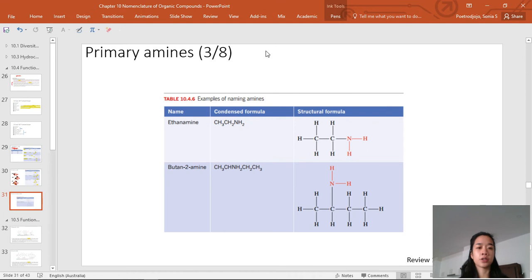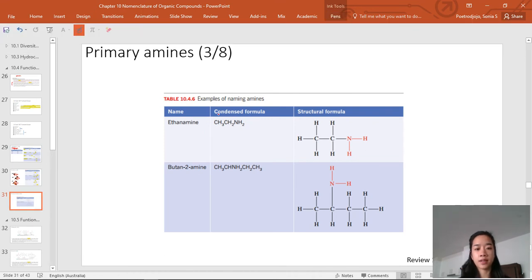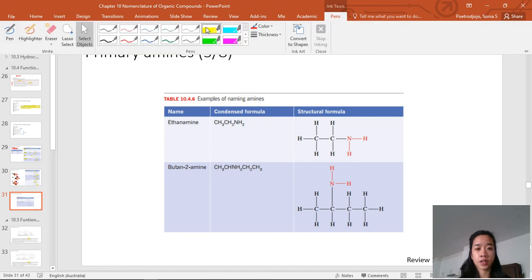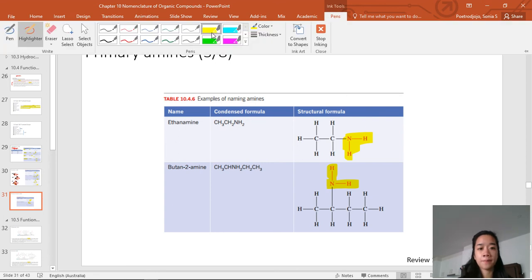Okay, we're going to go on to primary amines. In primary amines, it's just the NH2 functional group. So here it is, and these are both primary amines.